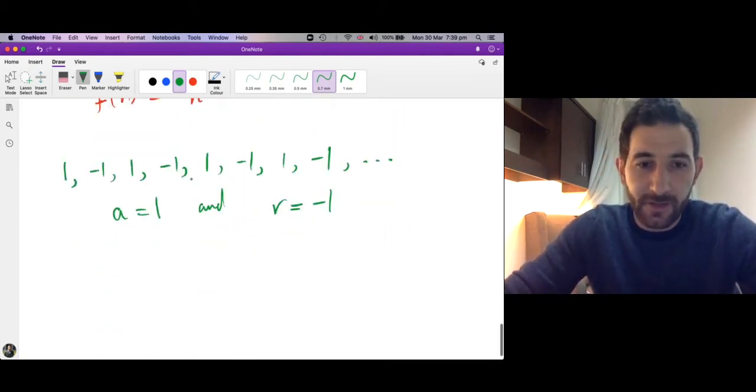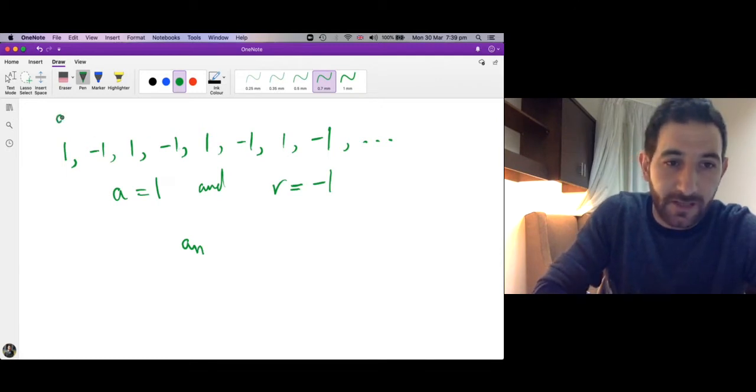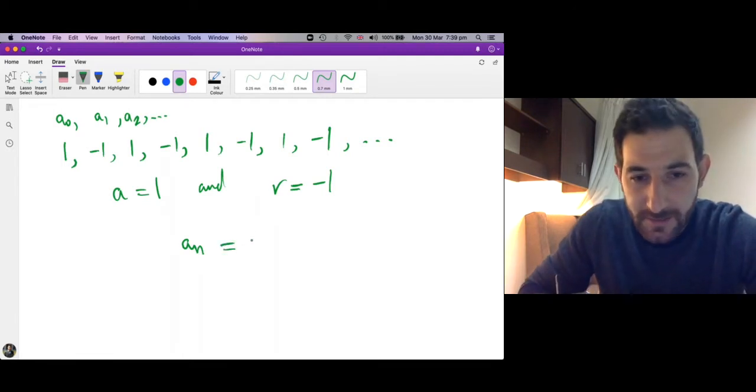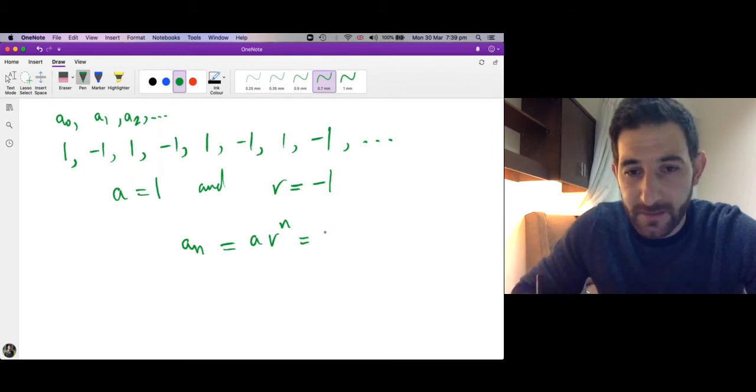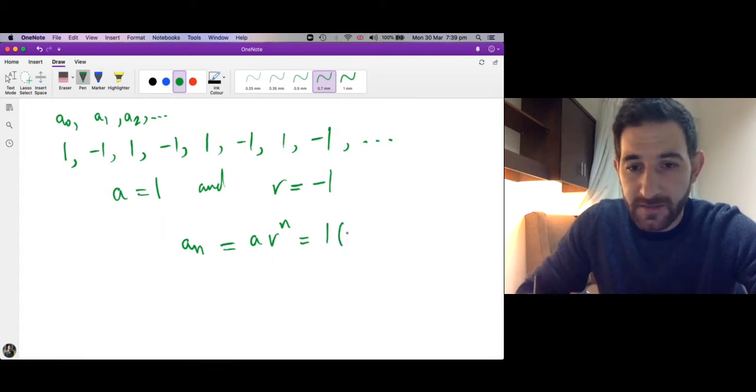Okay, so here divide -1 by 1, you get -1. And see here that a_n, if I call this A0, this is A1, this is A2, and so on. So you can see that a_n is A R to the power n, but what is A? A is 1, and R is -1, and to the power n.